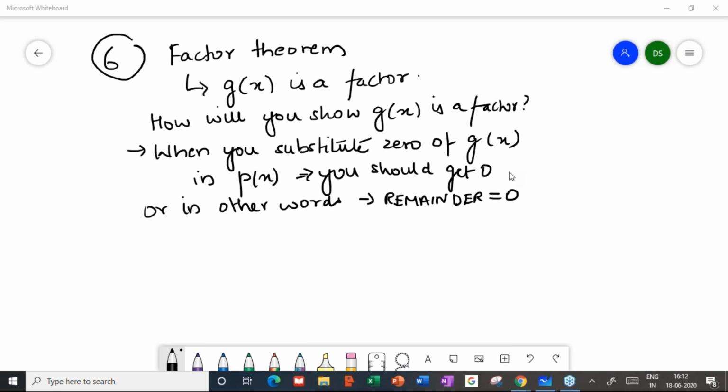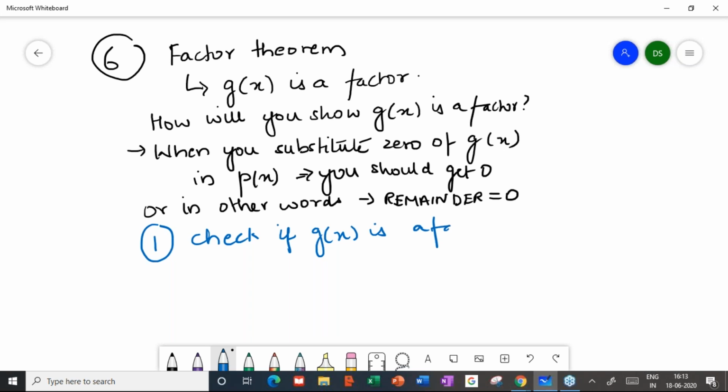Now, the factor theorem is used in two applications. We'll tackle both of them. The first case is when you get questions where they'll ask you, check if g of x is a factor.